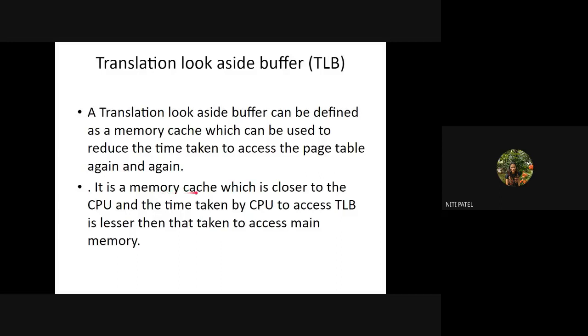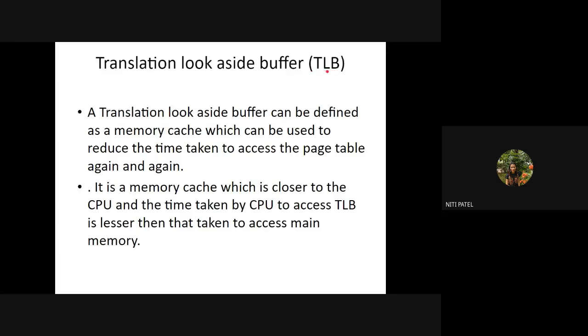Why has it been given the name cache? Because cache is the fastest memory and the CPU will first search the cache rather than going to the main memory and secondary memory. Yes or no? Yes. Why is cache memory the fastest memory? Every time the CPU will first search the cache and registers. If it is not found, then it will go further to search the main memory and secondary memory. So since this is a cache and it is very close to the CPU, what is that memory cache?